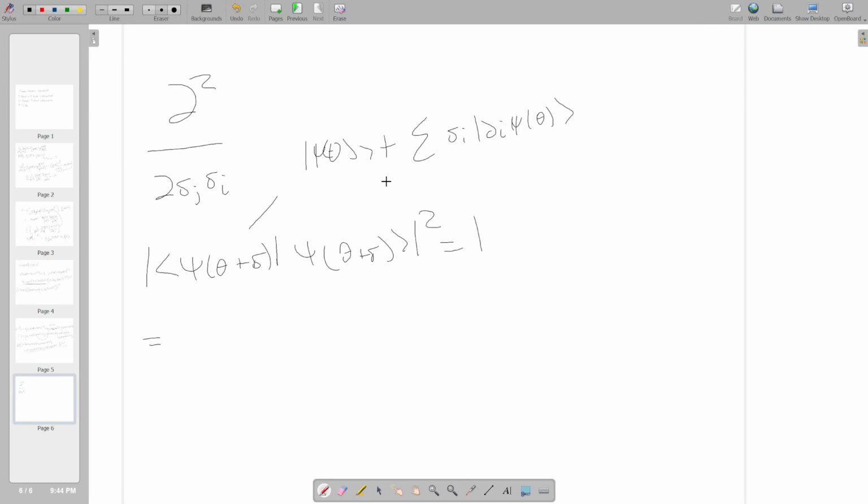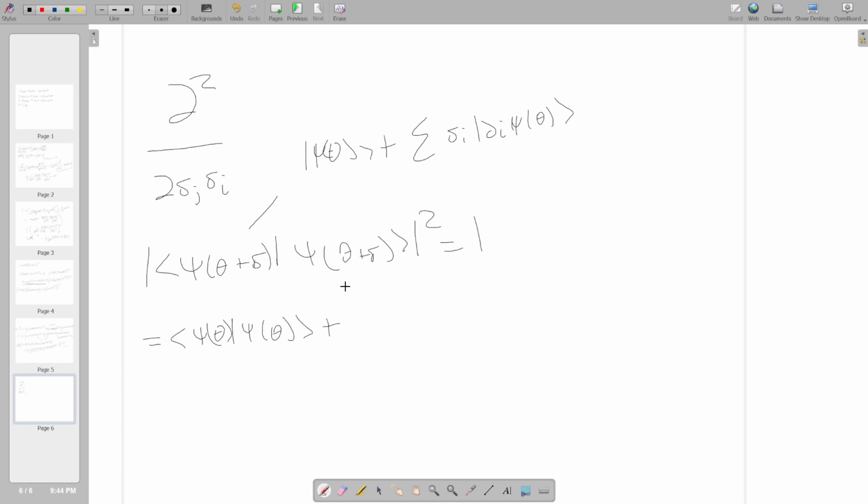So if we do the inner product of these two, we clearly have this state in both cases, right? So this times this, but remember it's the complex conjugate. We have this and this.